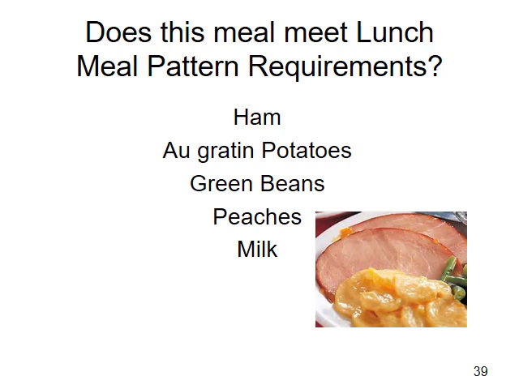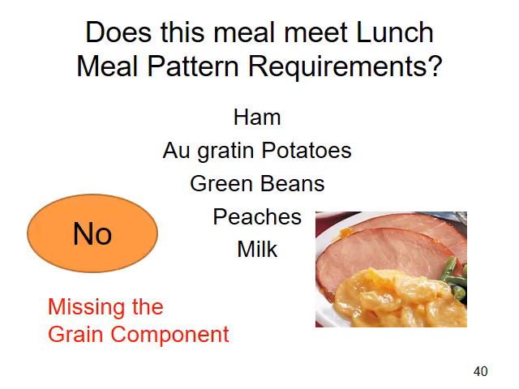Does it contain all the required components? No. This menu is missing a grain. We could add a 1-ounce dinner roll, or a 2-ounce dinner roll, or a cookie that credits as a grain.